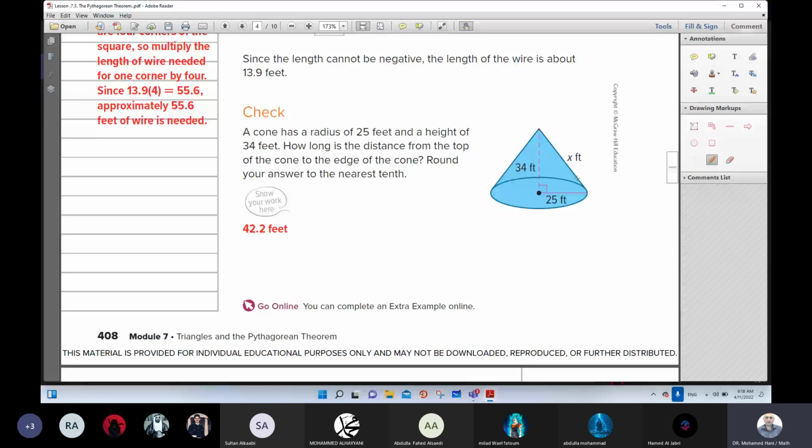So A squared plus B squared equals C squared. The value of A will be 25, 25 squared, plus the value of B will be 34. So 34 squared equals C squared.